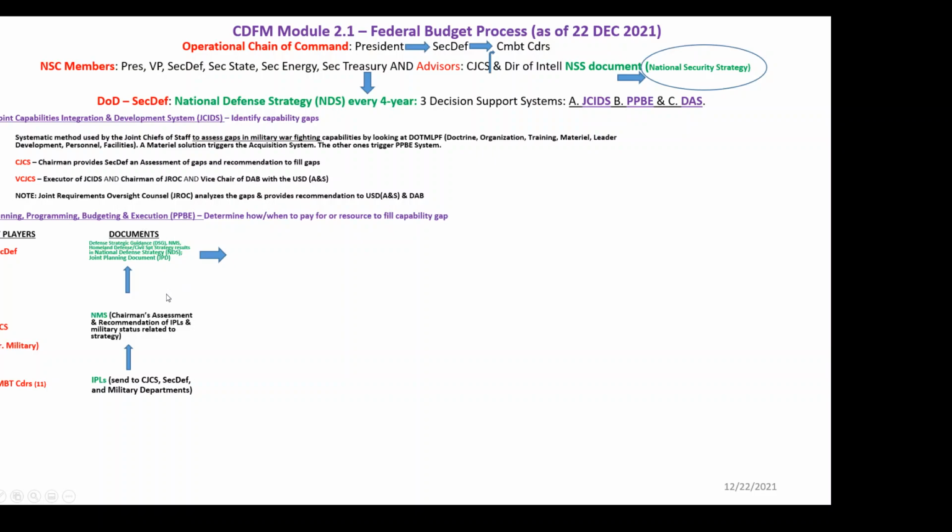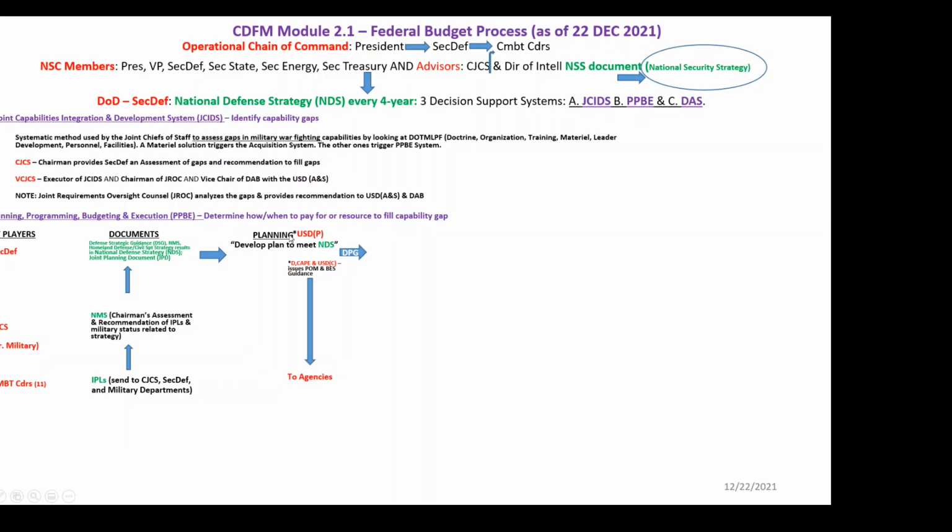So the final document is the joint planning document. This gives guidance into how we move into the planning phase of PPBE. So here you see the planning phase of PPBE is used to develop the plan to meet this guy right here, the National Defense Strategy.